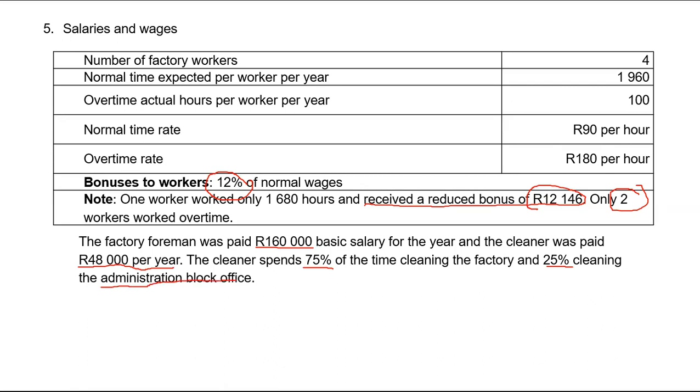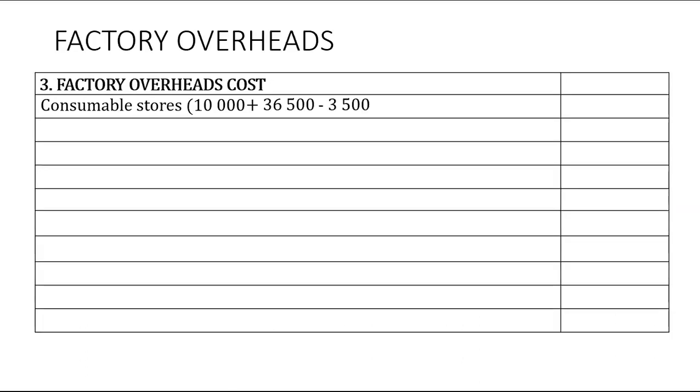Please note that the salaries of these two people will be recorded under factory overheads as indirect labor. I will start with the factory supervisor salary of 160,000, and then I will add it to 75% of the gross salary of the cleaner, which was 48,000. So take 48,000. Why am I multiplying 48,000 by 75%?